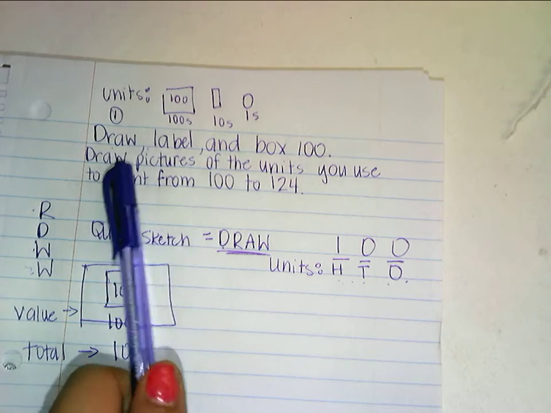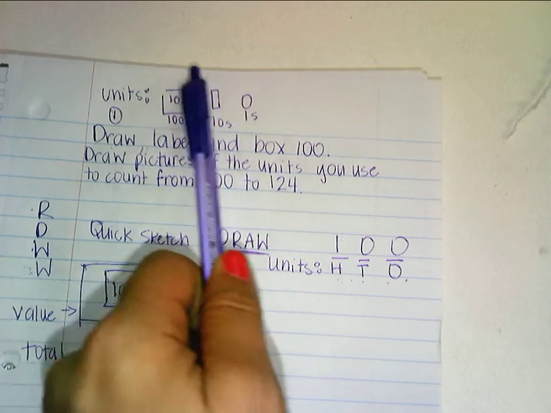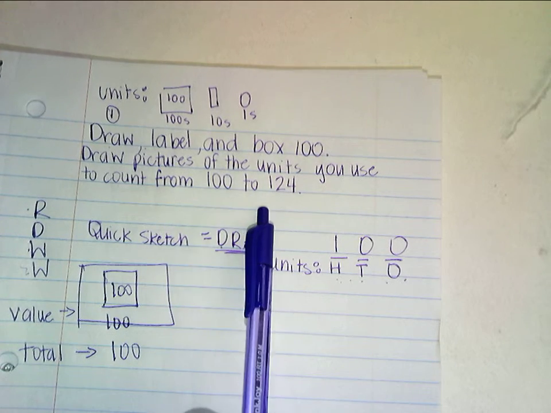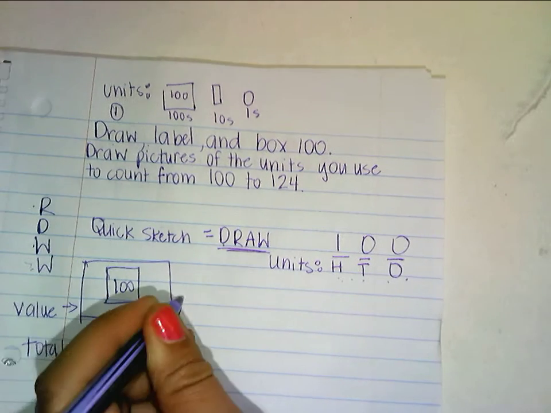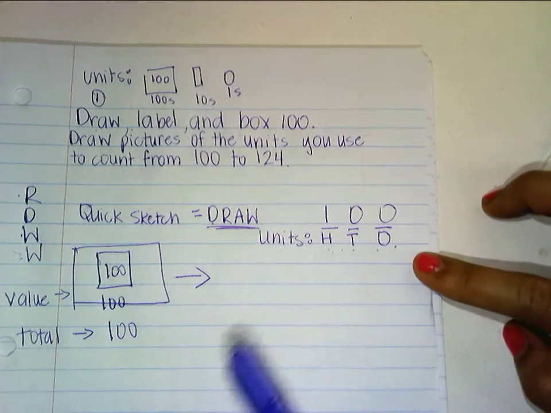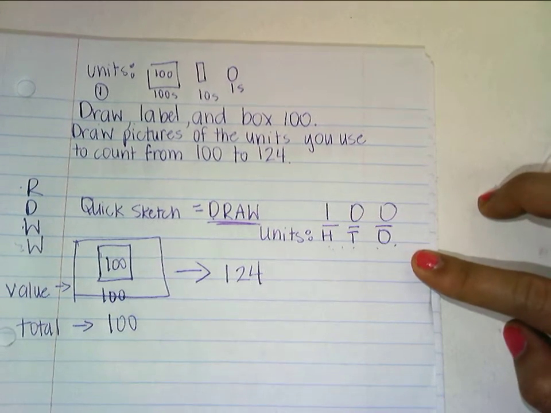Now I need to draw pictures of the units, meaning like these units you use to count from 100 to 124. So I like to draw an arrow, and then I write the number we're counting to, which is 124.